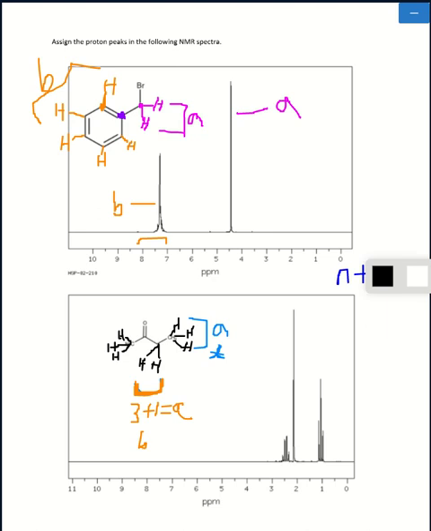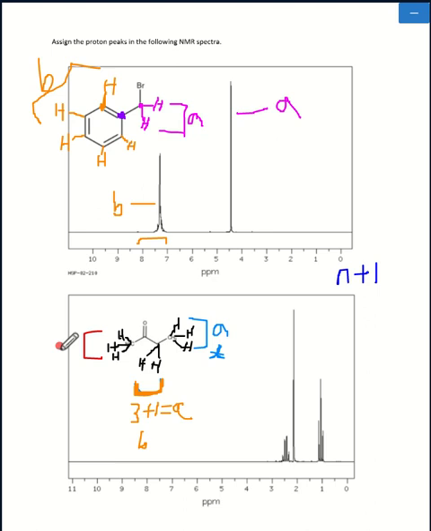Now the last hydrogen environment would be the hydrogen all the way on the left, those 3 hydrogen. They are bound to a carbon that only has 1 neighboring carbon, the carbonyl carbon, and that neighboring carbon has 0 hydrogen attached.